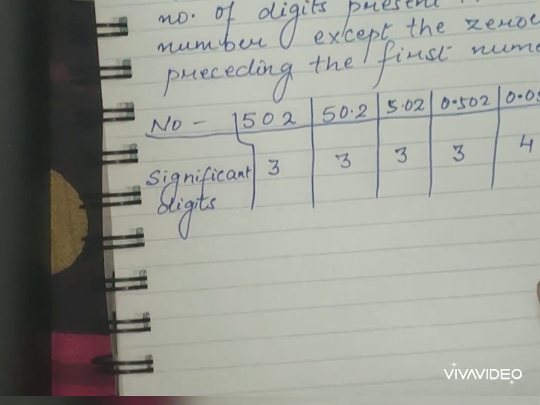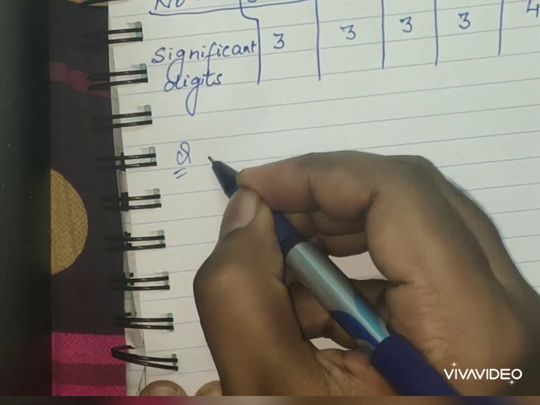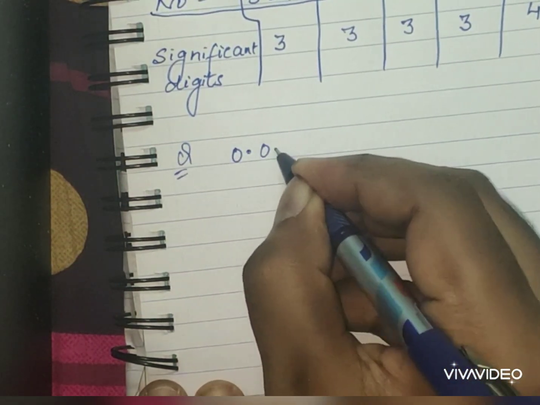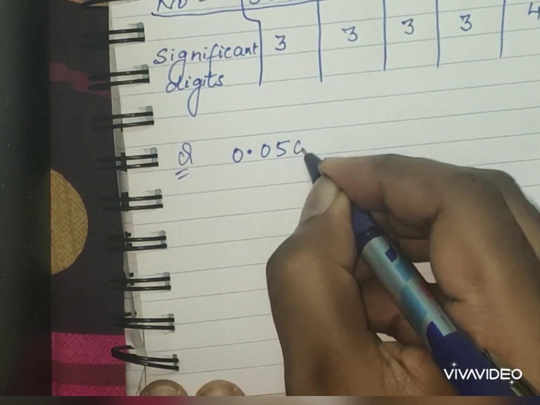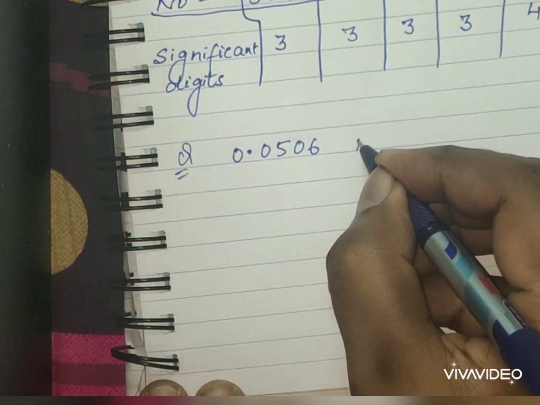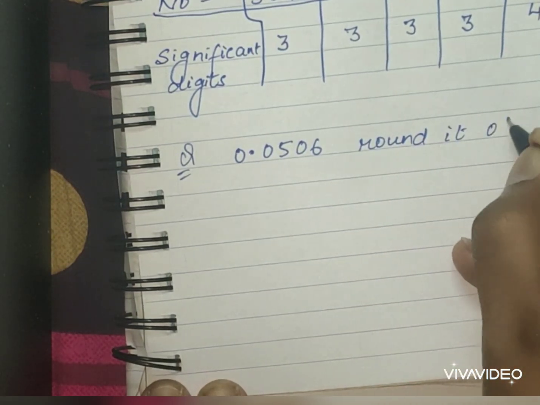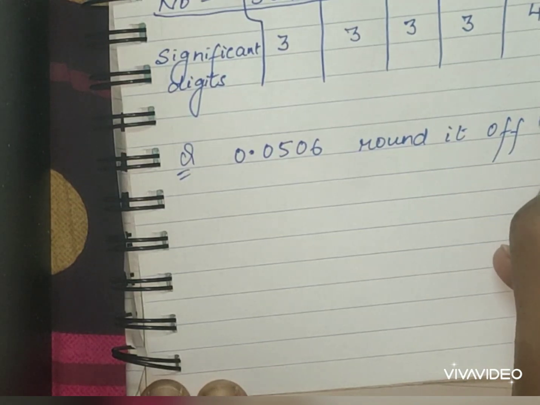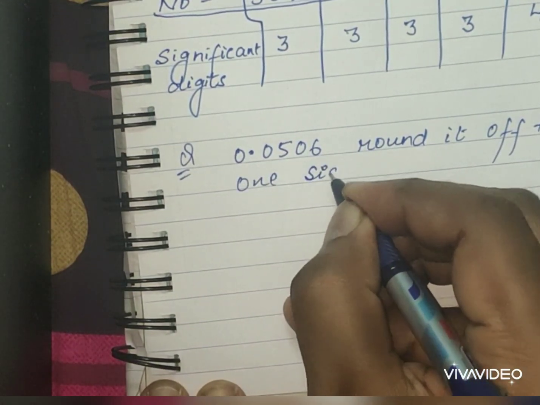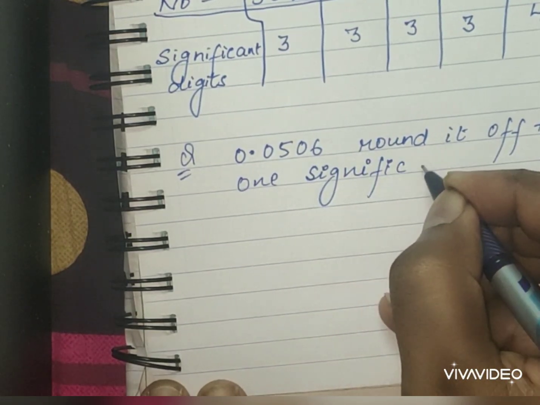Let's see a question which is based on this. Suppose the question is 0.0506 and round it off to one significant figure.